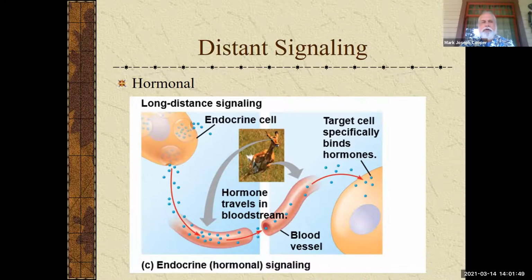Here they don't even tell you what it is, but it could be something like testosterone or estrogen, those kinds of things that can be released and then move down to the gonads. So this one is a longer distance, that's the whole point.